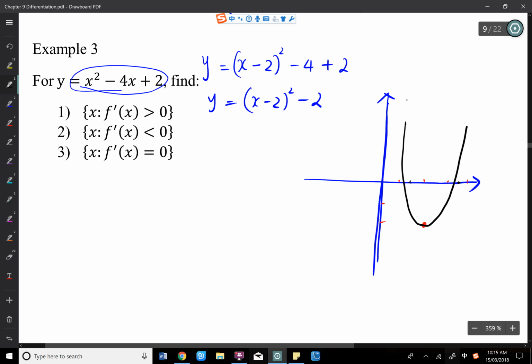Okay, so we have some quadratic shape like this. We have a turning point at 2, minus 2. Do you have that? Yes?